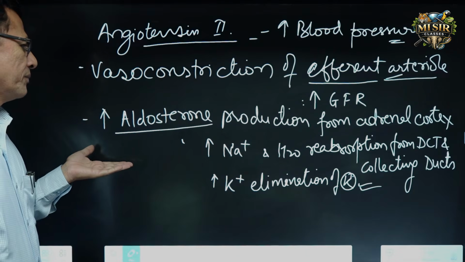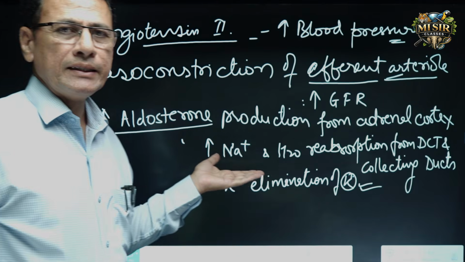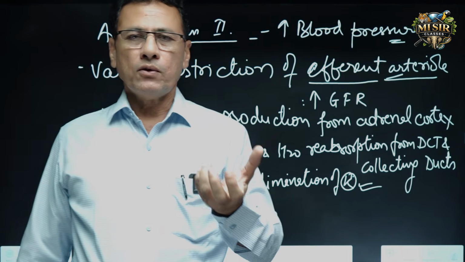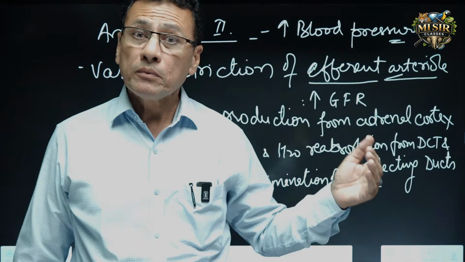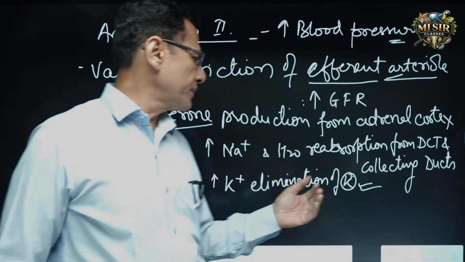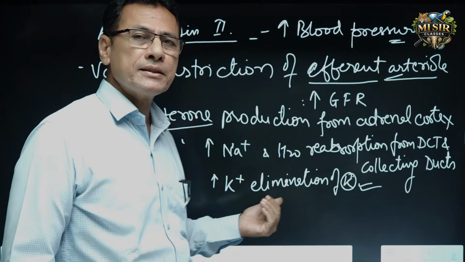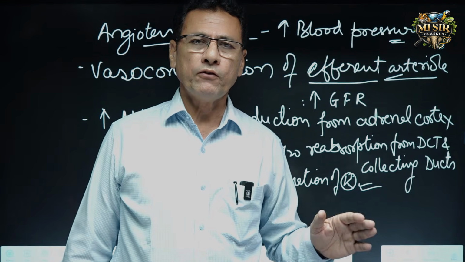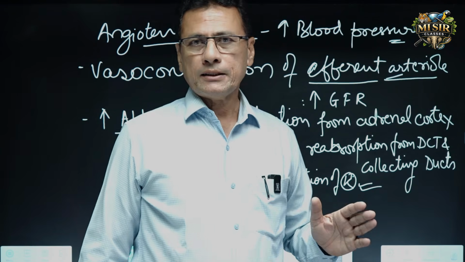And the third one is, it acts on the DCT and increases the absorption of sodium ions and water, not only from the DCT but also from the collecting duct. Elimination of potassium is also increased. All this helps in maintaining the osmolarity of blood plasma.